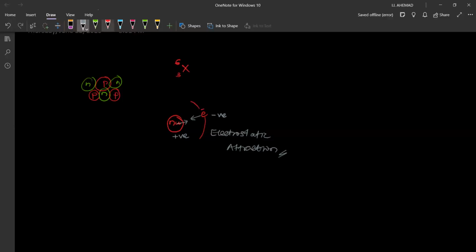But then, how about the nucleus? The nucleus contains protons and neutrons. The neutrons are already neutral. What we are left with is protons, which have charges, and all those protons are positively charged.